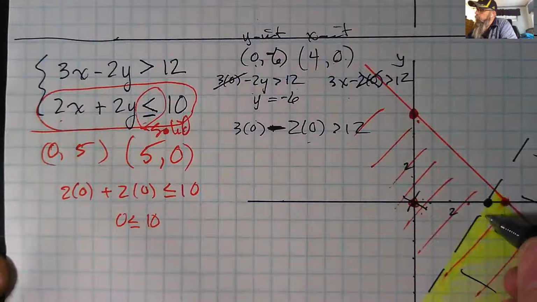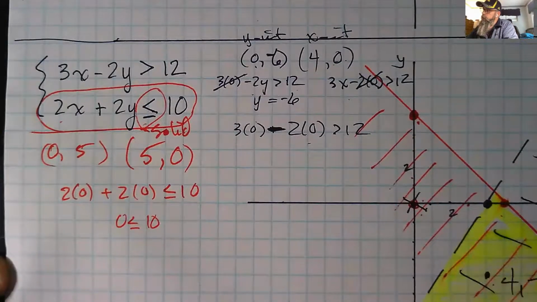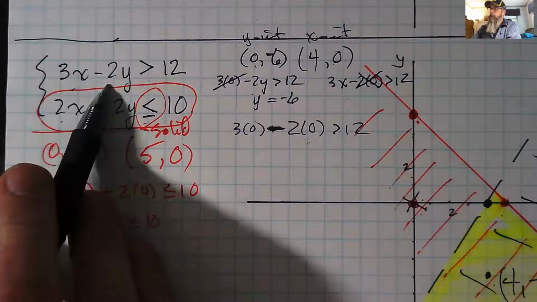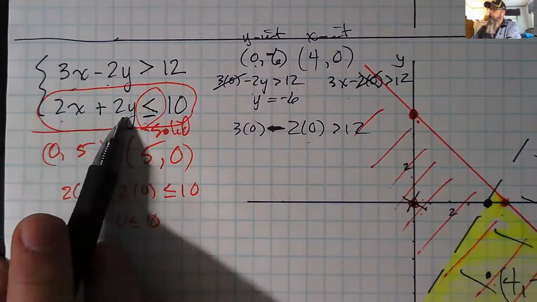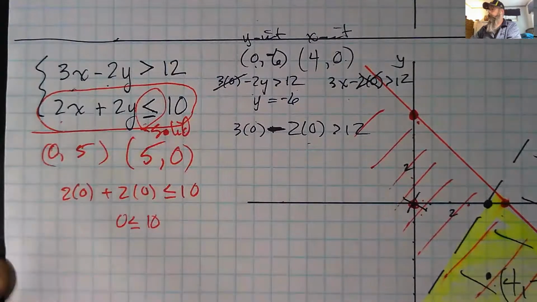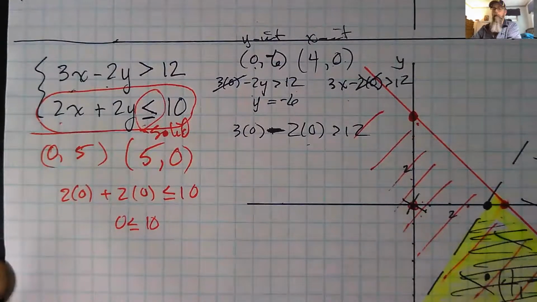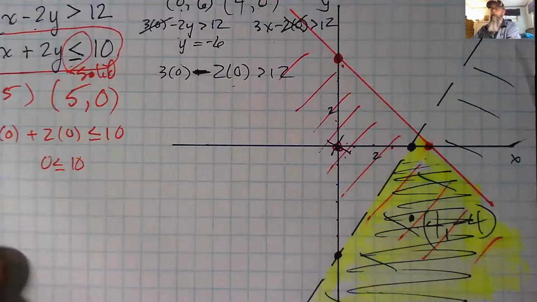So an ordered pair like 4, -4, for instance. 3 times 4 is 12 minus a -8 is definitely more than 12. 2 times 4, 8, plus 2 times -4, -8. That is definitely 0 is definitely less than 10. So that point works. So again, this little region, that region is the region that makes both inequalities true.